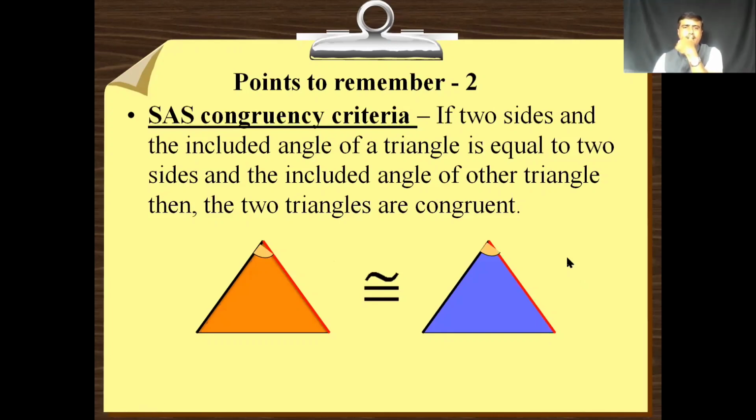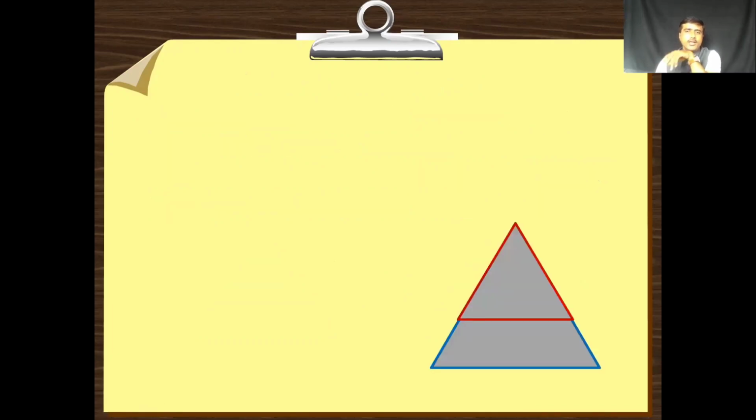Then the third thing is it's all about similar triangles. Similar means they are equiangular, but the ratio of the sides is always the same. That is, the sides are in proportion. Okay, so that is another thing you have to know here. The corollary of BPT that we have to know.